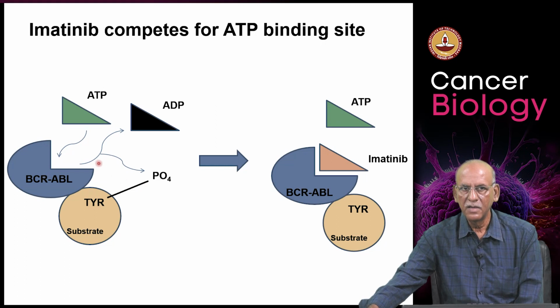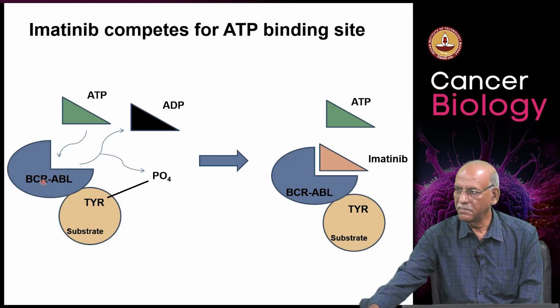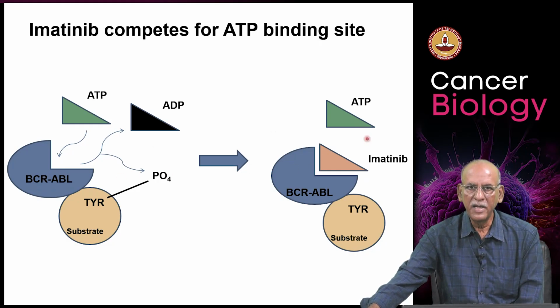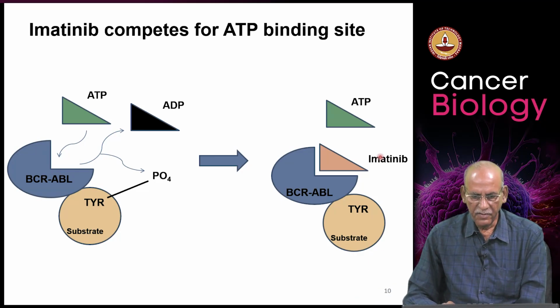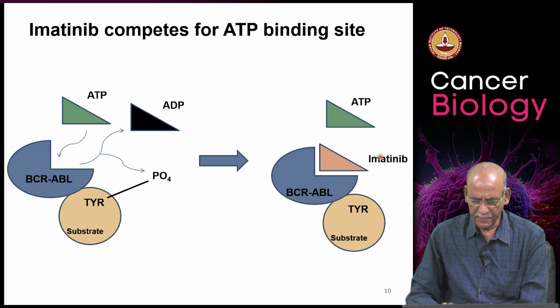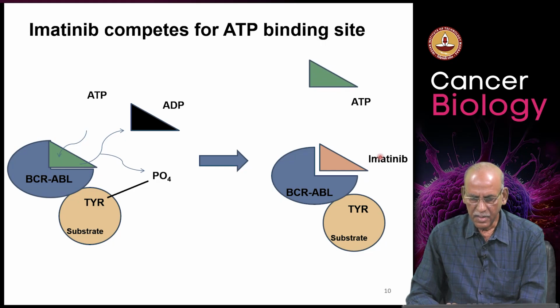That is why it is called tyrosine kinase. And for that you need ATP, and ATP has to bind somewhere in the BCR-ABL, and that binding will be prevented in the presence of imatinib. So this is a simple idea. See, when imatinib binds, ATP is pushed out, just a cartoon.